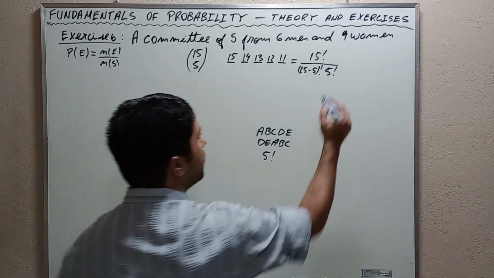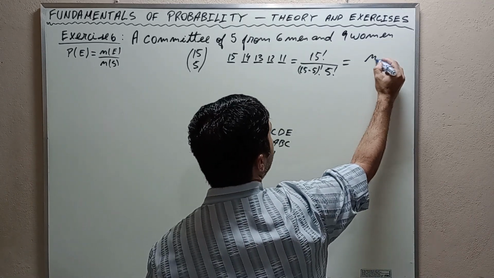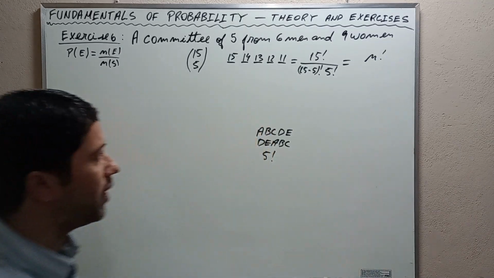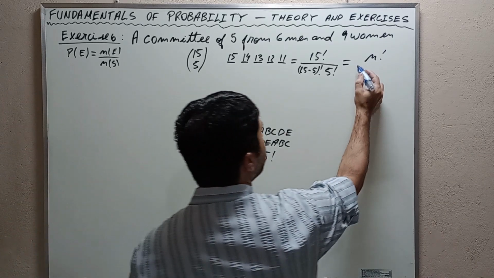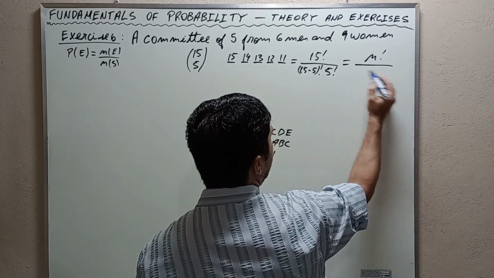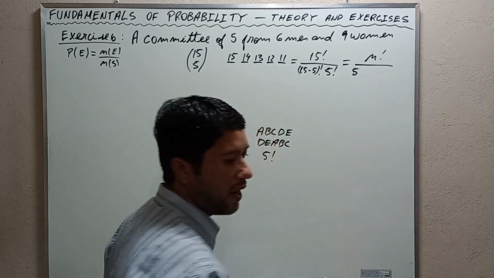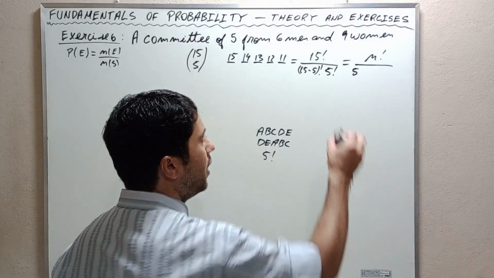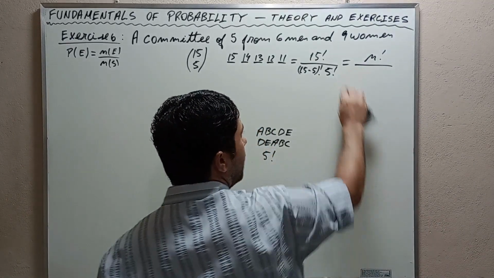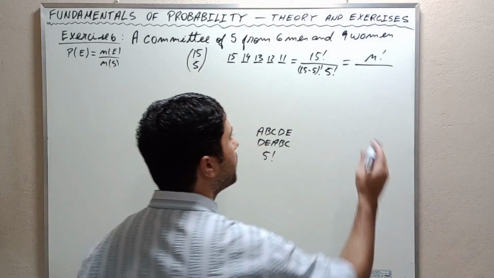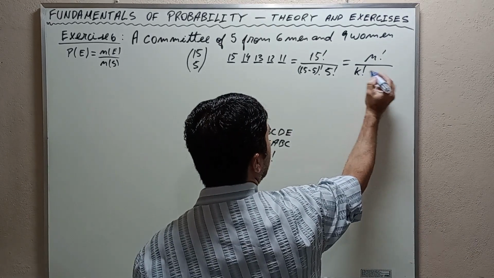And this is equal to the combination of n elements taken k at a time. Now we are using letters to generalize, k at a time.